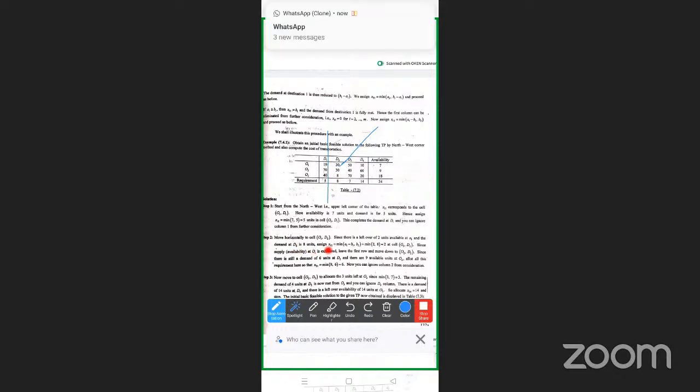So X12 is equal to the minimum of 2 comma 8. Here in place of 7, 2 is there. So the minimum of 2 comma 8 is 2. So allocate O1, D2.